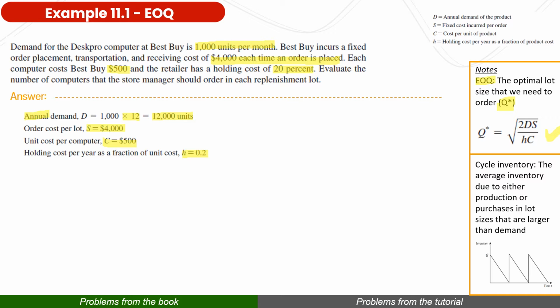After we got all the information, we can calculate the EOQ. So just put all the numbers that we need into the formula here.